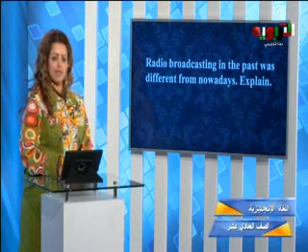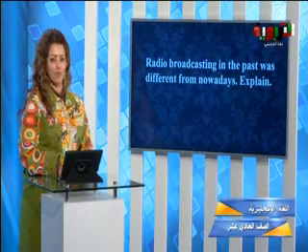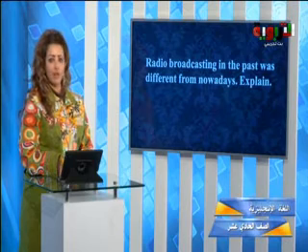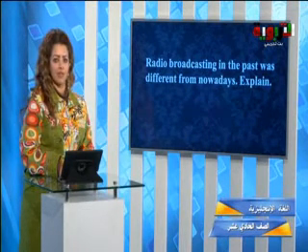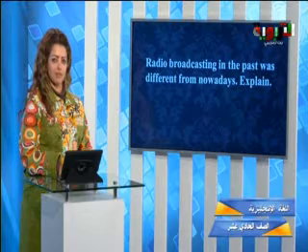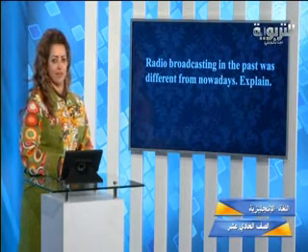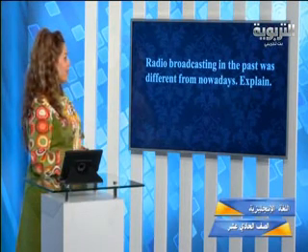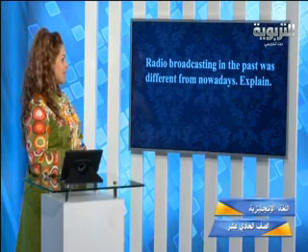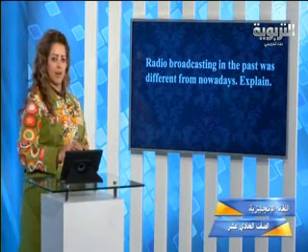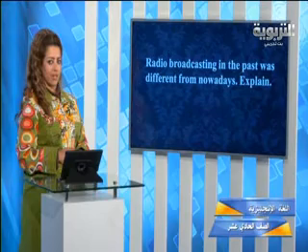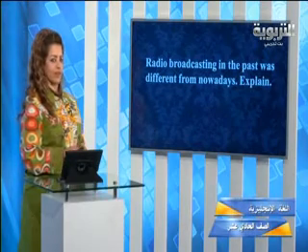Explain. In set book questions, we have a question. When you want to answer it, make sure to write in a full sentence. Do not write them in points. Write it in a full sentence. Radio broadcasting in the past was different from nowadays. Think about it. In the past, it was different, and nowadays, it changed, right?